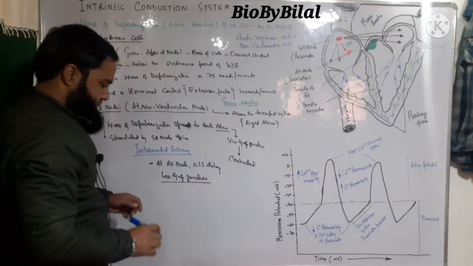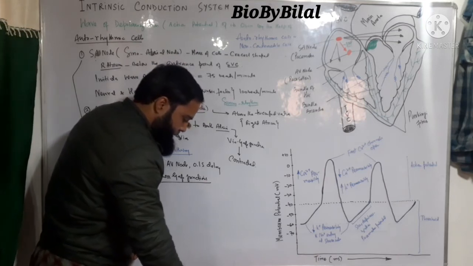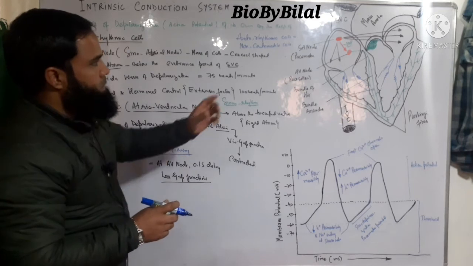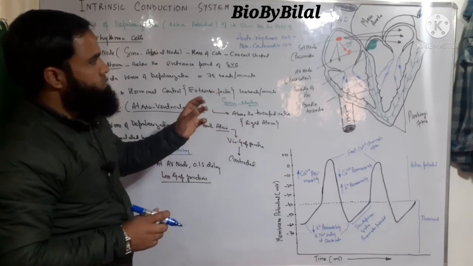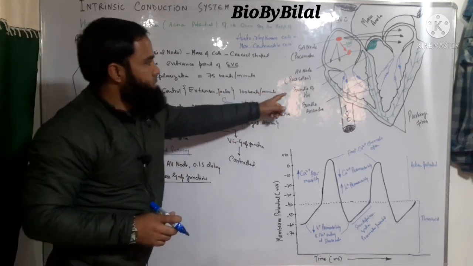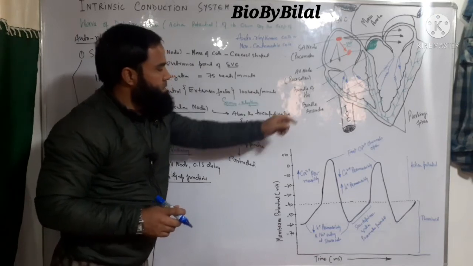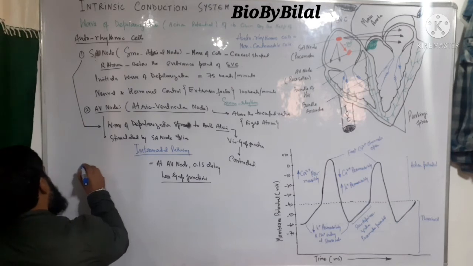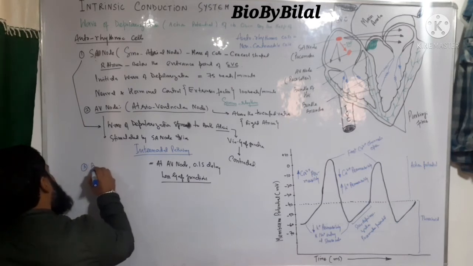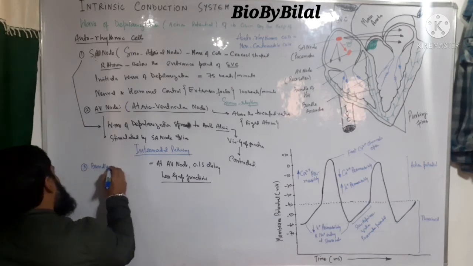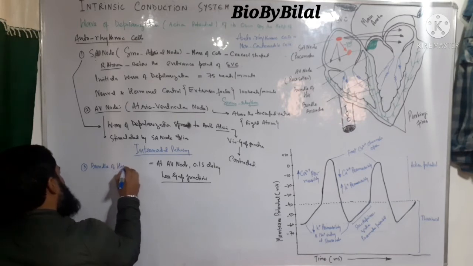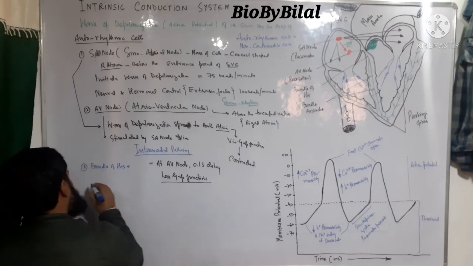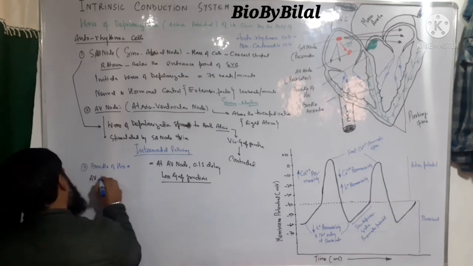When the AV node gets stimulated, the information spreads towards another nodal fiber in the form of bundle of His. This is the third point I will mention here. Bundle of His, or it is also called the AV bundle.